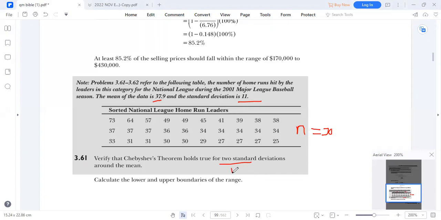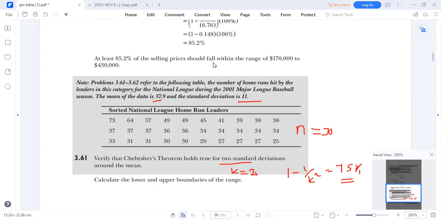So this 2 is our K. Using Chebychev's rule, K equal to 2 gives us at least 75%. It can be more, but it should not be less than 75%. So far, we're together.